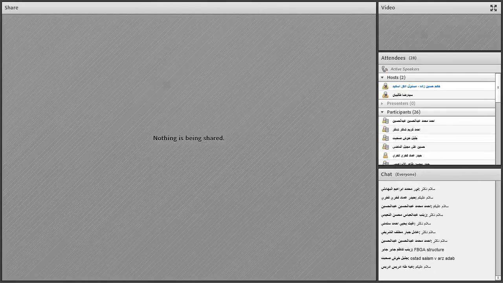Okay, we spoke about the FPGA structure. Now we want to speak about other things. Did we speak about the CLB, configurable logic block, in FPGA?